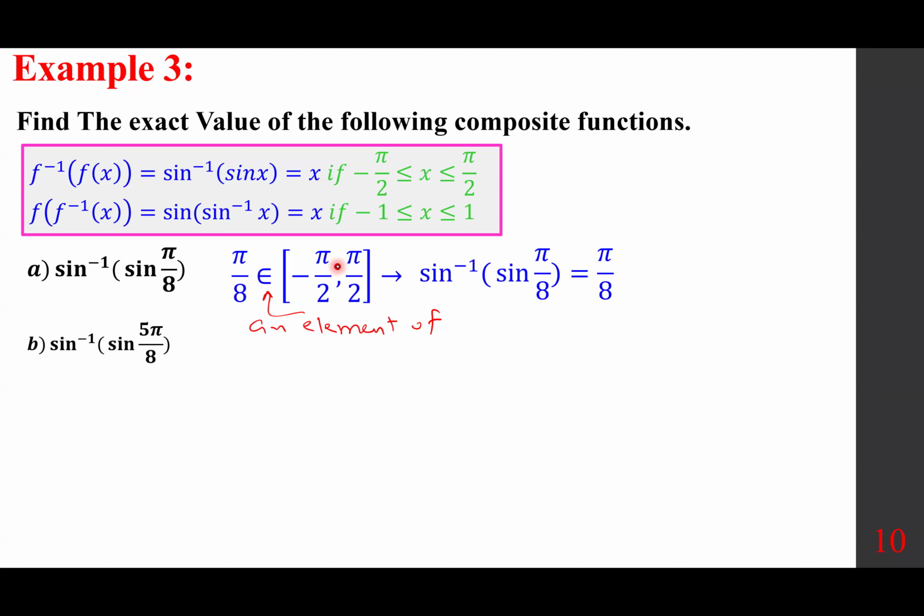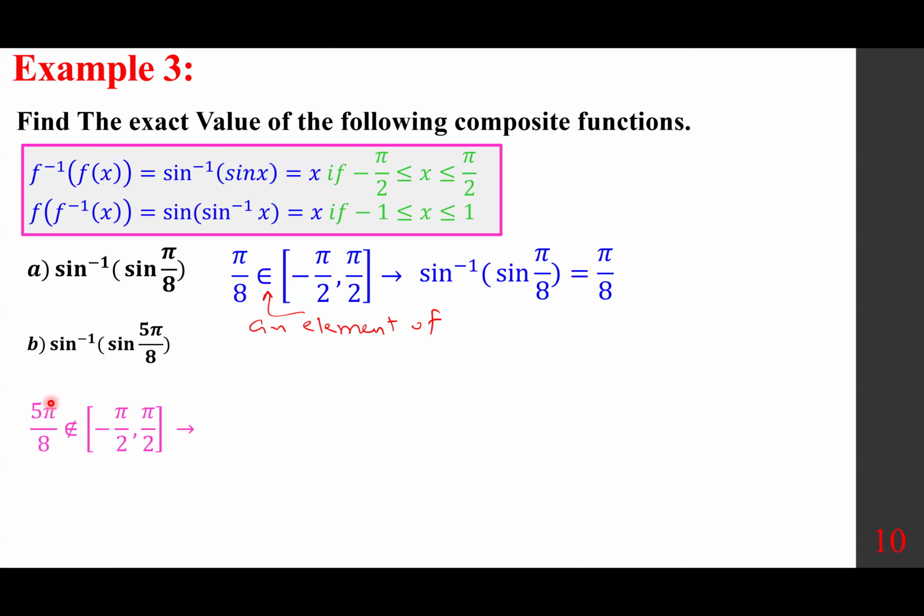Let's look at this case, and we are going to look at the same thing. Is 5 pi over 8 in this interval? As you know, pi over 2 is the same as 4 pi over 8. This is larger, and therefore it's not. See, we use the same thing.